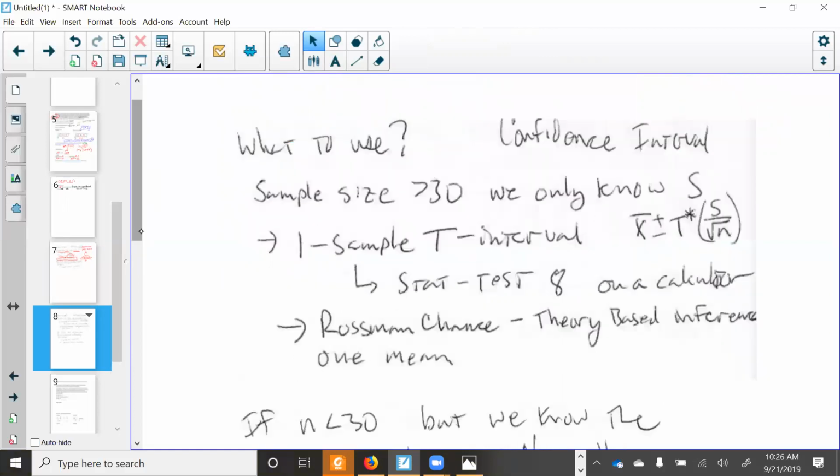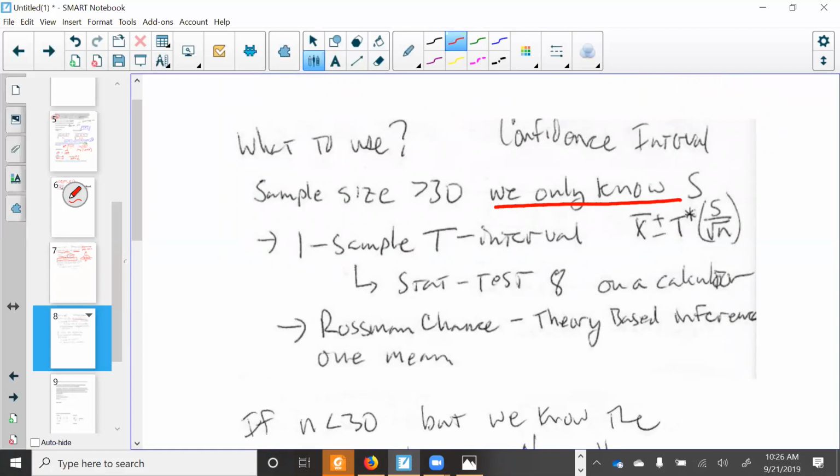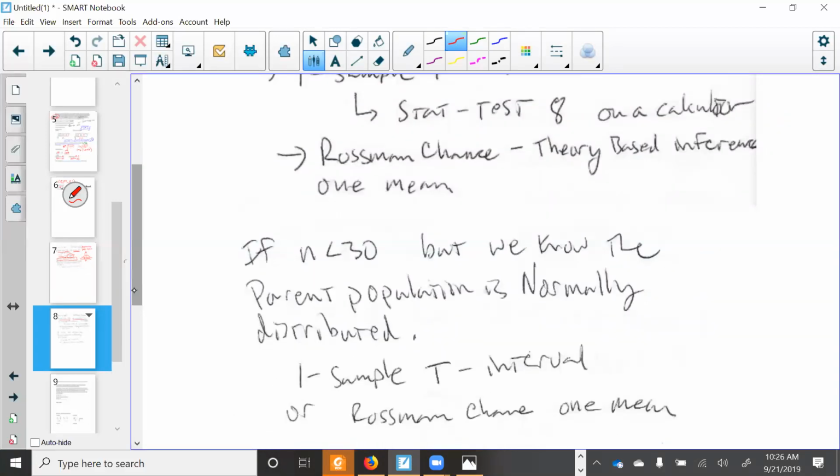Okay, so then what happens if we only know the sample standard deviation? Well, if we don't know anything about the parent population, as long as we have a big enough sample size, we're good to go. We can use these techniques to find it. If we have a sample size less than 30, small samples, but we know the population we drew the sample from is normally distributed, we can still use these techniques.